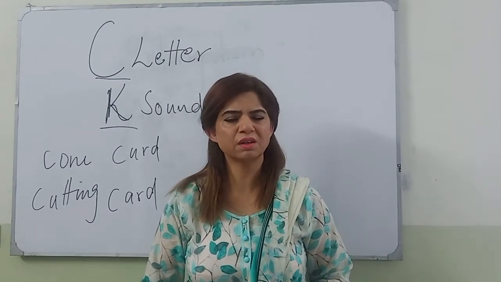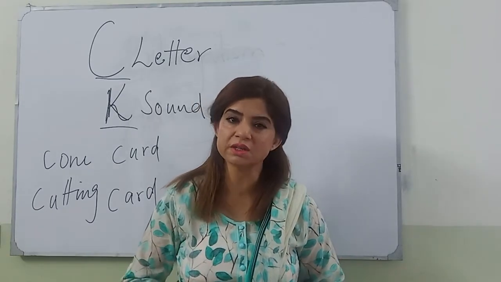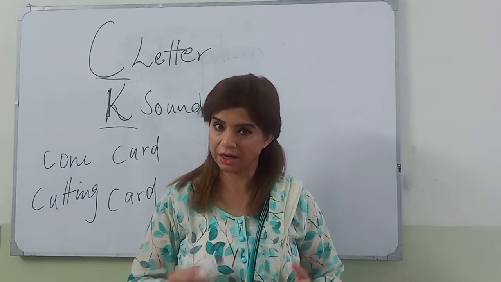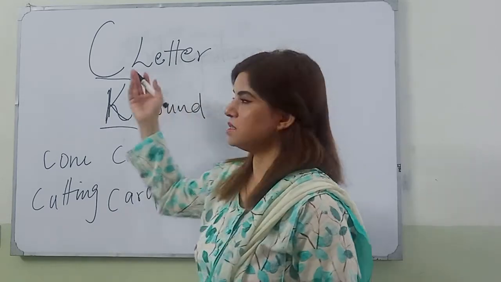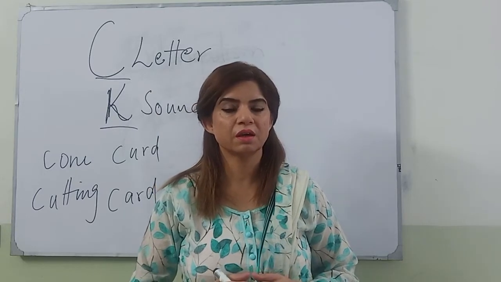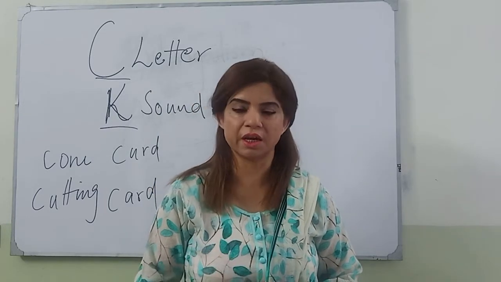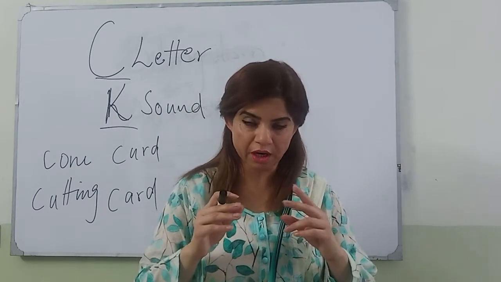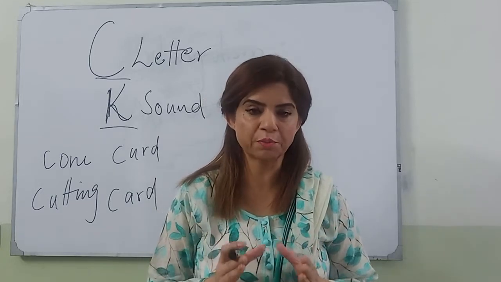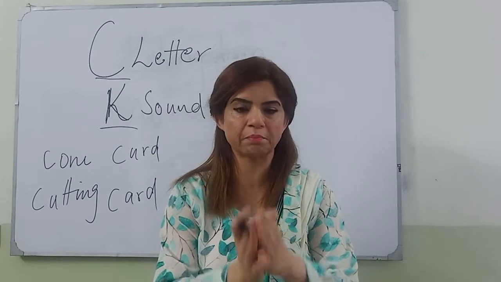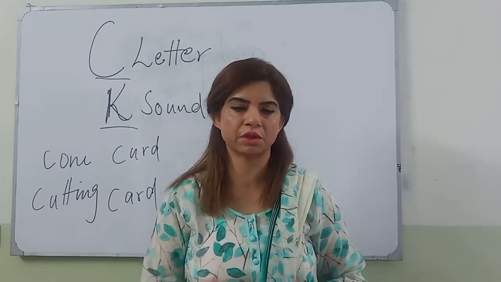Have you ever wondered why C is giving you the K sound? Anyhow, English doesn't have a C sound. C is pronounced as K. As I told you before, if different letters are pronounced differently, it is because of the impact and effects of other languages on them.